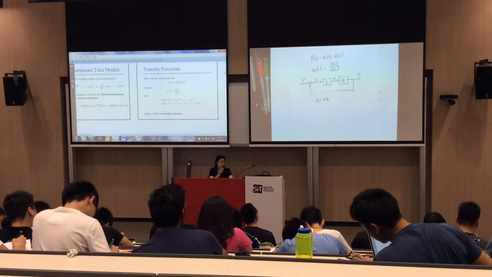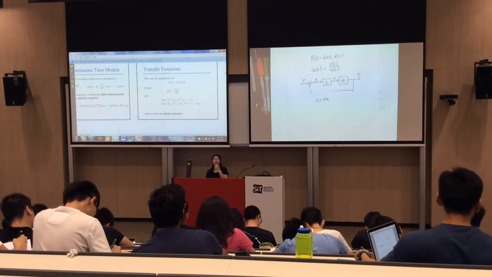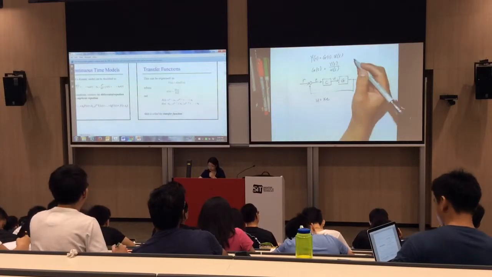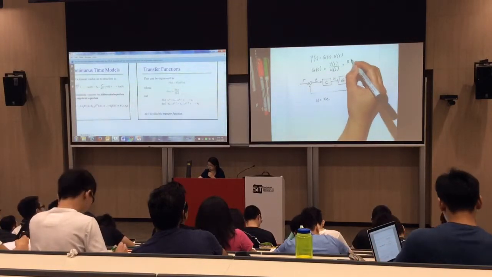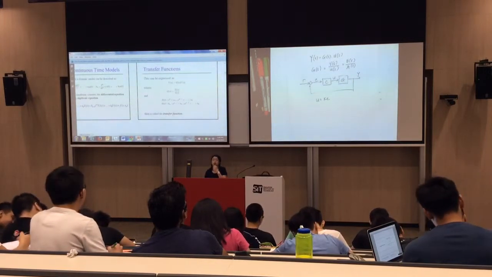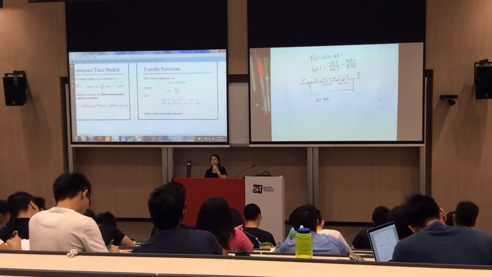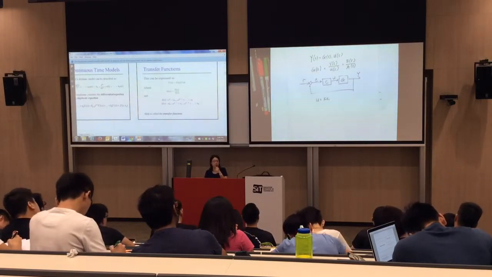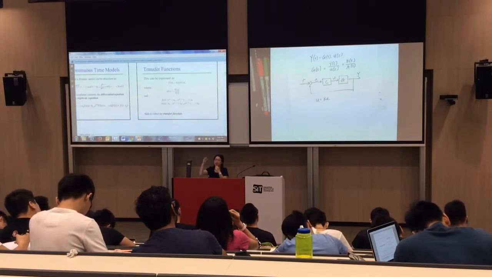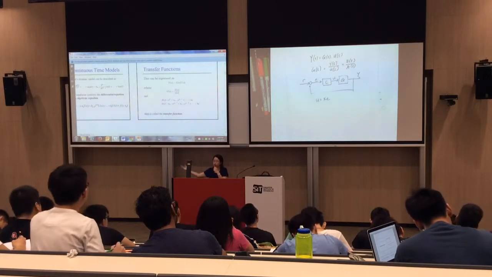Now, if you have n derivatives, G is just Y over U. It can also be written as B(s) over A(s). And what is A(s), what is B(s)? They are just polynomials. A polynomial is s to the power n plus something s to the power n minus 1 plus something s to the power n minus 2, and so on and so forth.